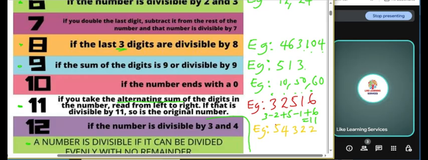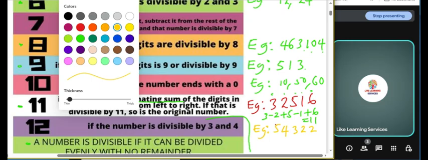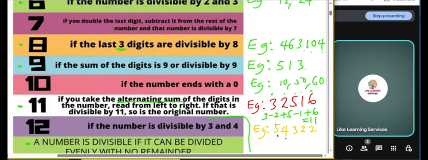Let me write it down here. 5 minus 4, plus 3, minus 2, plus 2. 5 minus 4 is 1. 1 plus 3 is 4. 4 minus 2 is 2.